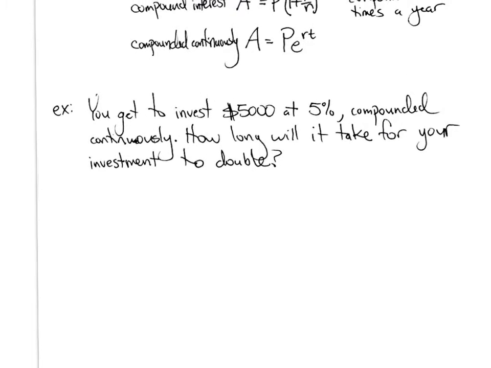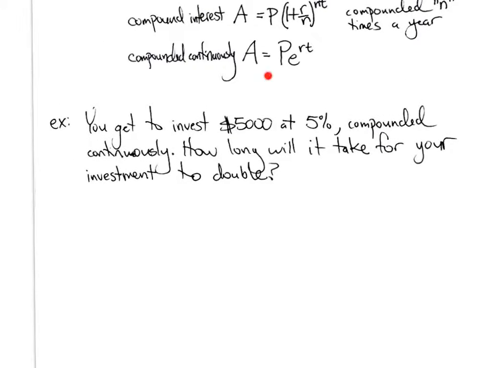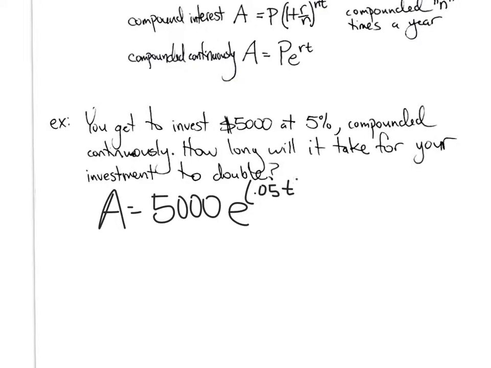So, using this, we can say that the amount is equal to the principal, meaning how much you invest, times e to the interest rate, 5% is 0.05, times t.